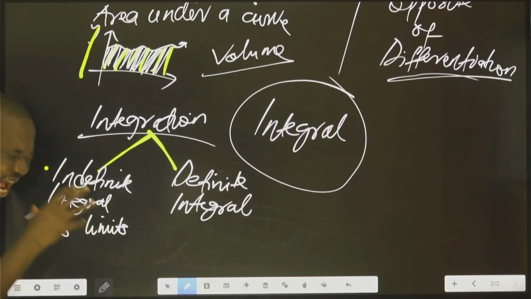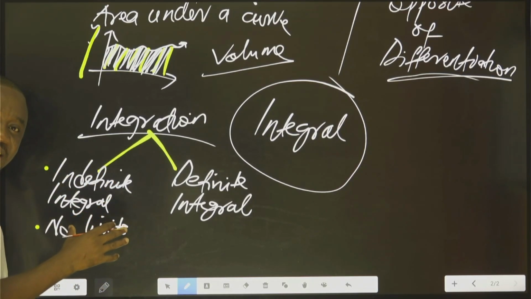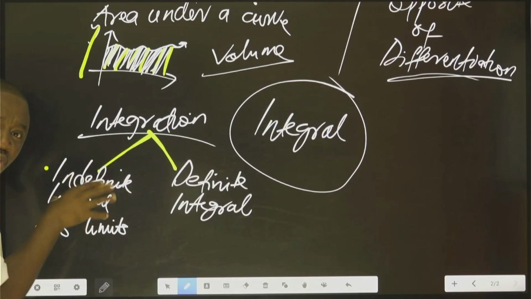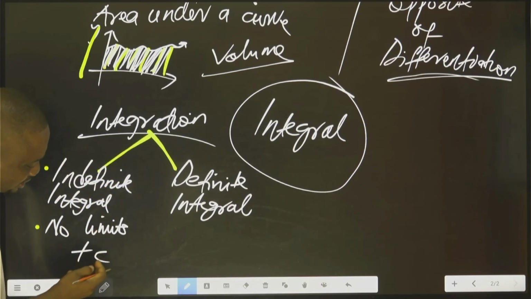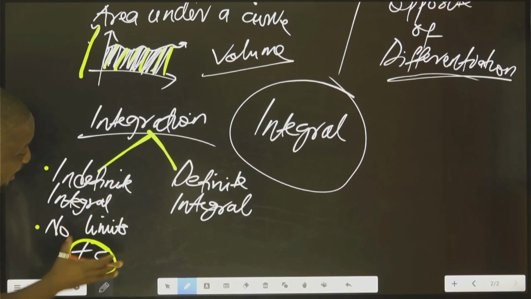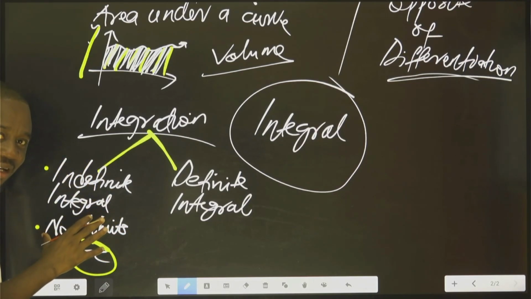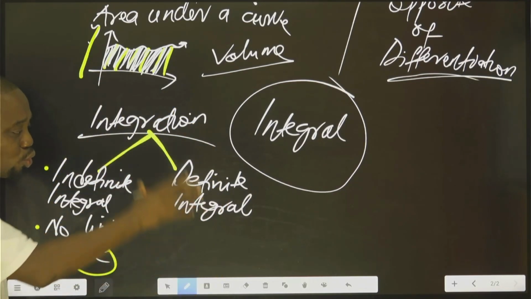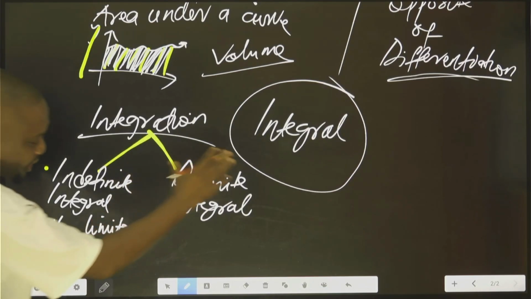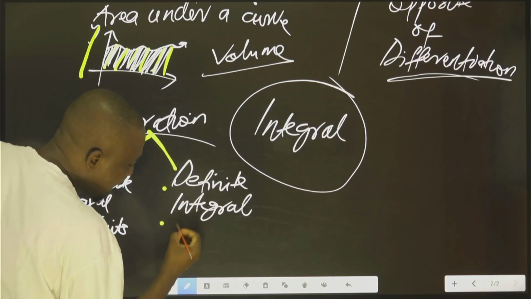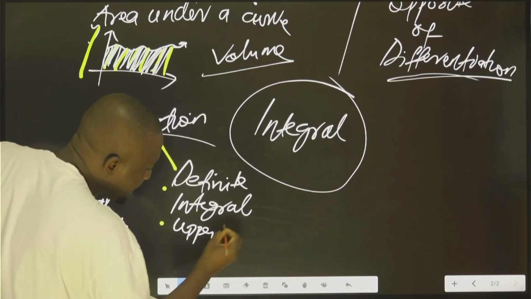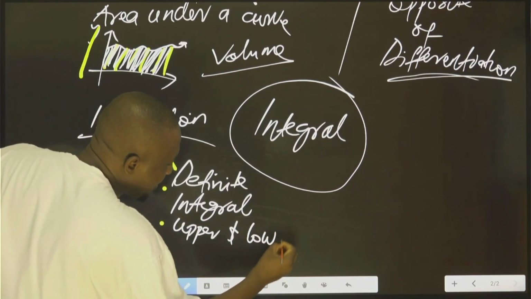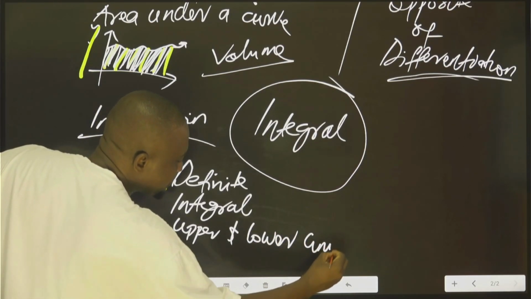Because we cannot actually pin a limit to it, when you solve this type of question, you must have C added to it. That's what we are going to look at today. That is the indefinite integral. Later in another video, we're going to look at definite integral. So this one has upper and lower limits.